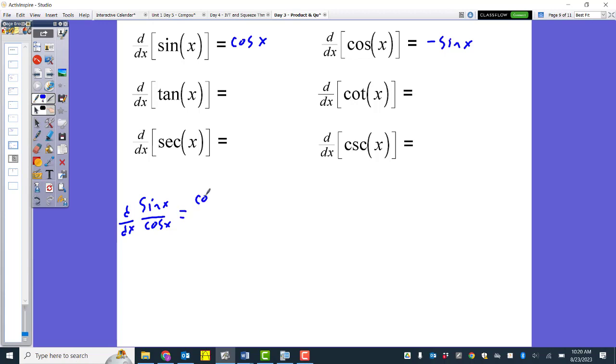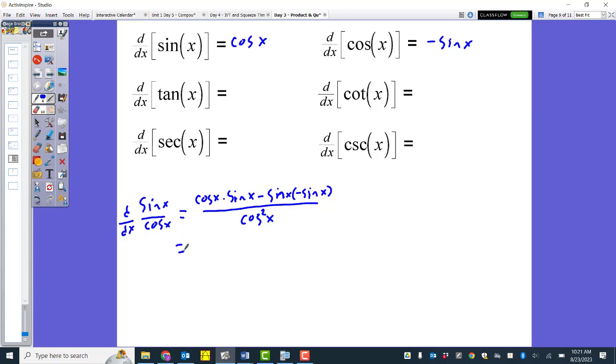And so we have bottom times derivative of the top minus top. Oops. I don't know why I did that. Let me erase. Sine x, not squared. Minus top sine x times the derivative of the bottom. Well, derivative of cosine is negative sine over the bottom squared.